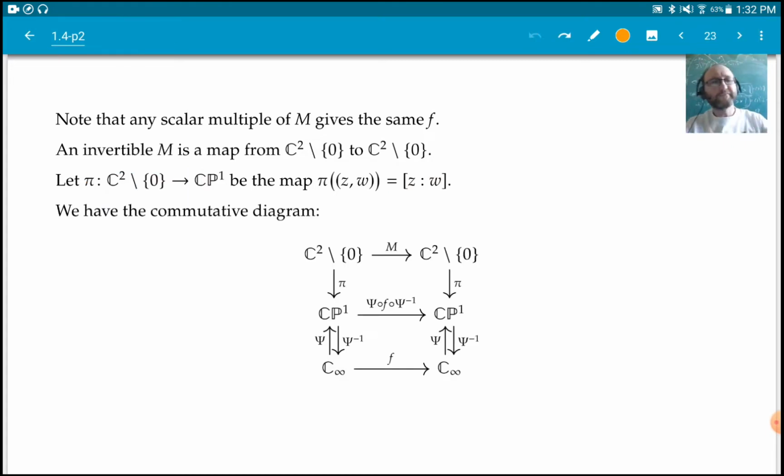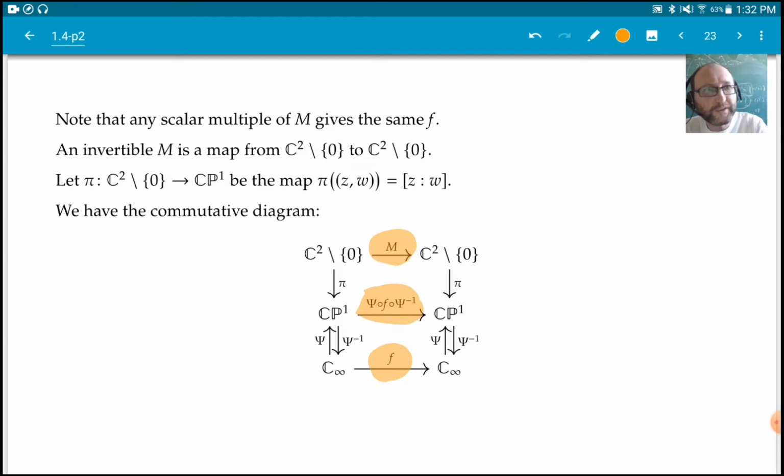Now we can write down a nice diagram that gives you how all these things are related: how M as a map is related, how the map of the projective space is related, and how F is related.